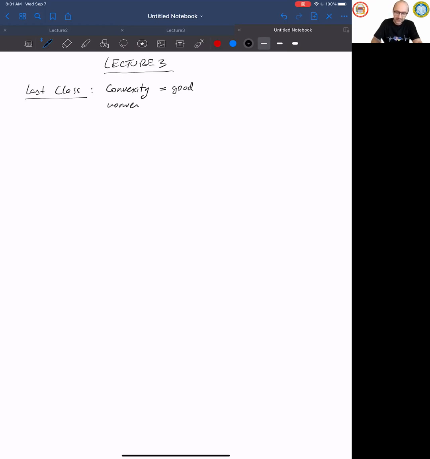More precisely, convexity is simple. It simplifies problems, and non-convexity is hard. For example, neural networks are non-convex in some sense, and that's hard. So we will see a lot of convexity today and later.